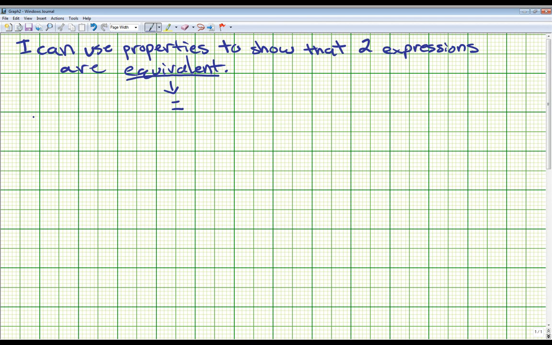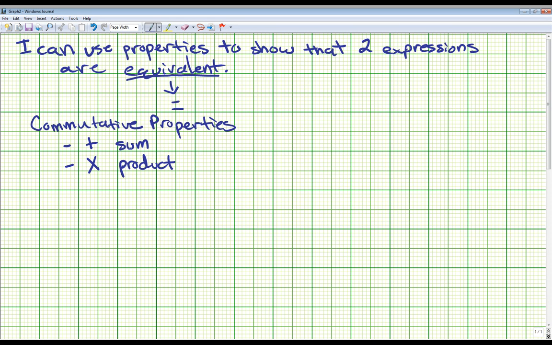So the first two properties on the key ideas section there are called the commutative properties and associative properties. So we'll start with commutative. And the commutative properties you can use this for addition, where you're looking for the sum, or you can do multiplication, where you're looking for the product.